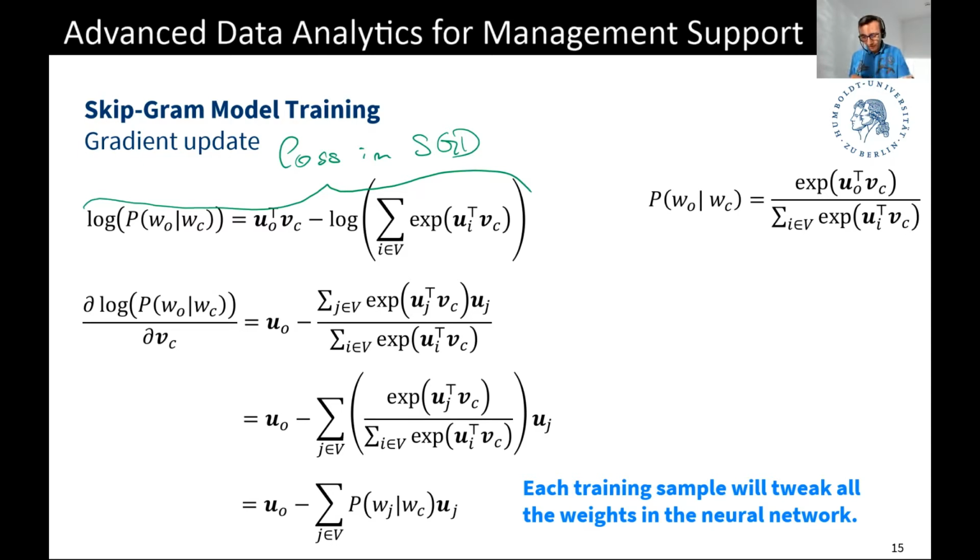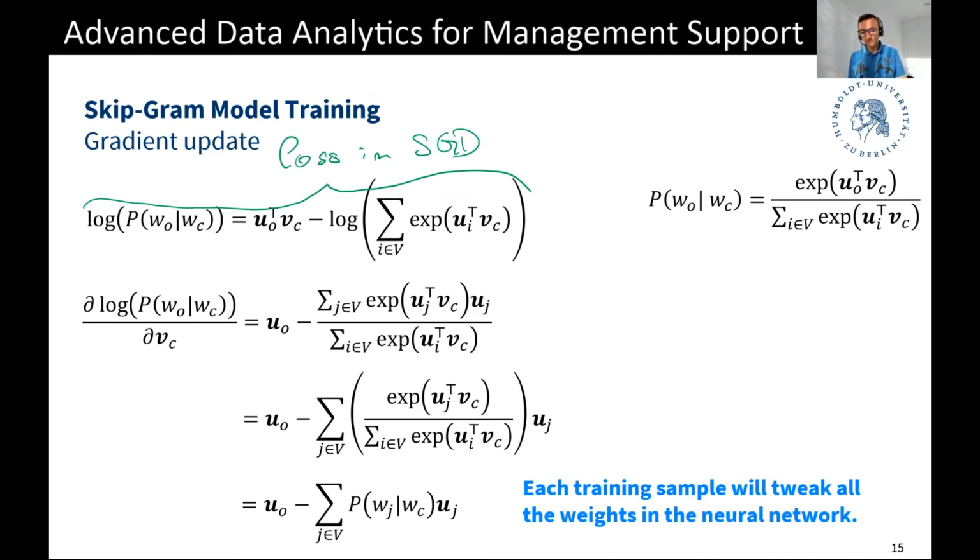And this formula tells us that this single training example, just feeding the network the word "not" and seeing what happens, will essentially trigger all the weights in our neural network to get updated. At least all the weights in the hidden to output matrix W prime. Why only that, I will clarify later.